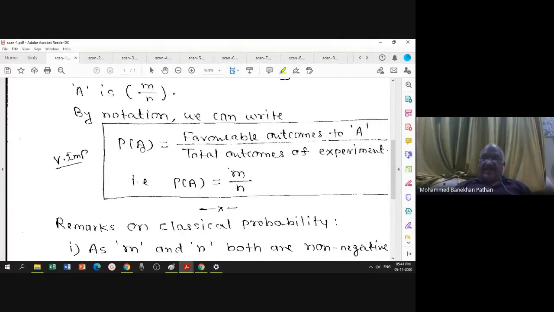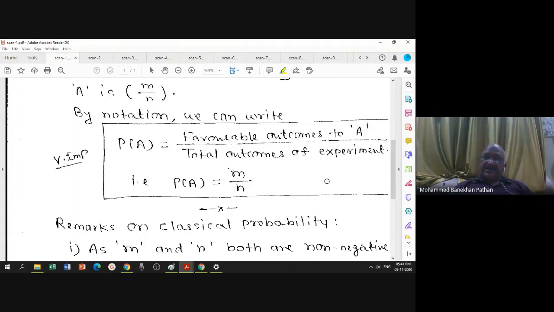P(A), you can read as probability of A, equal favorable outcomes to A divided by total outcomes of experiment. So it is a simple ratio of two positive quantity, m divided by n. So this square you have to remember as a classical definition.